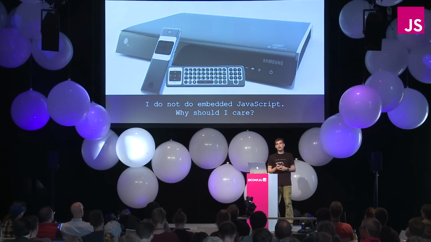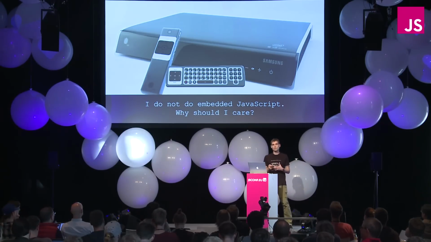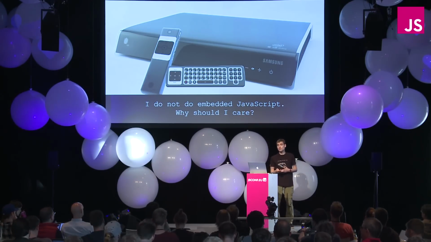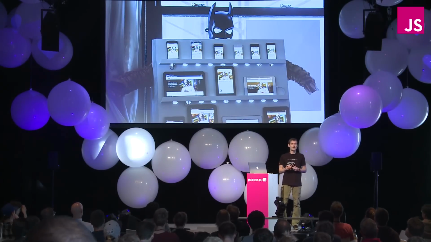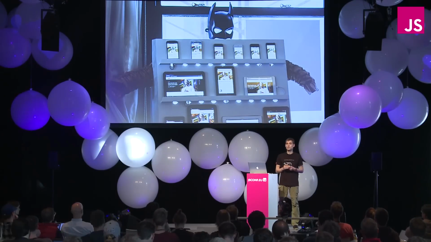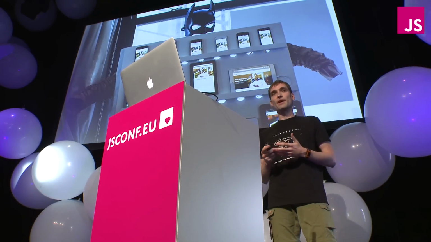And if you say, OK, I don't care about embedded JavaScript or your set-top boxes, why should I care about performance? Because there are a whole bunch of mobile phones, and users on mobiles want to have this snappy 60 FPS experience as well.